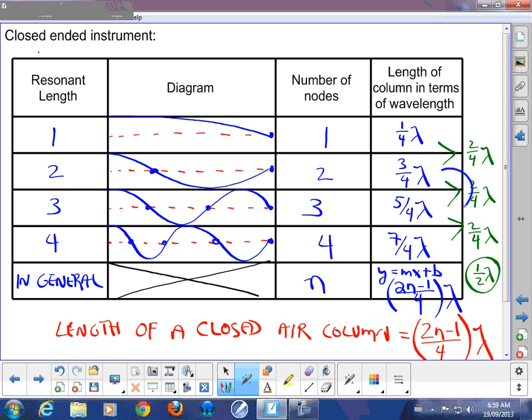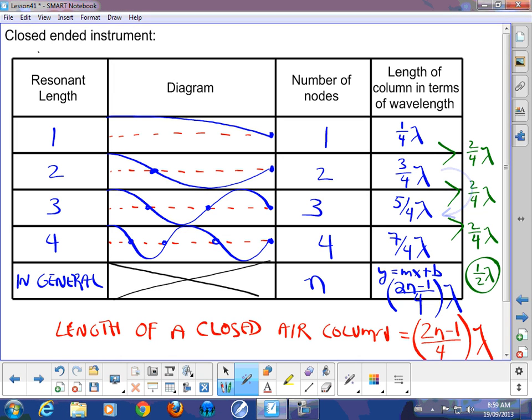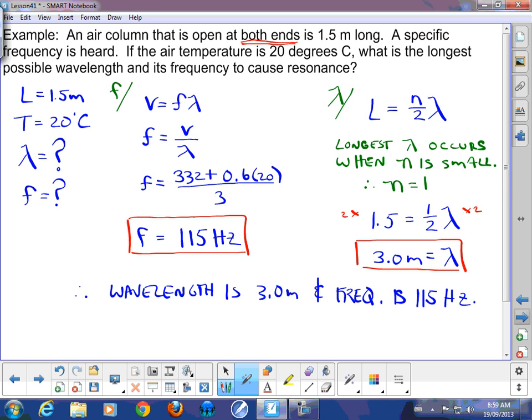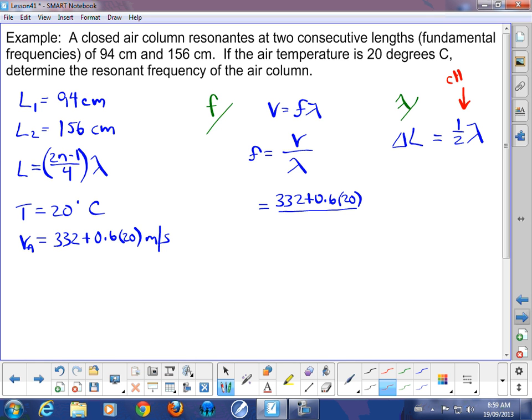What we do know is that when you have two consecutive harmonics, the relationship is half lambda. So I know that the difference between L1 and L2 is going to be half lambda, and that's where I'm going to start. Delta L, the difference in the two lengths, is equal to 1/2 lambda, and that is from our chart.